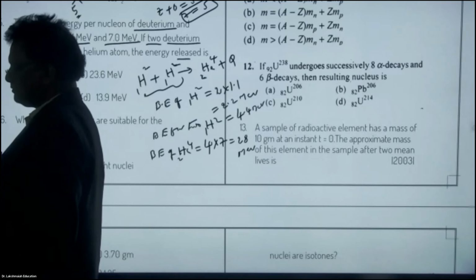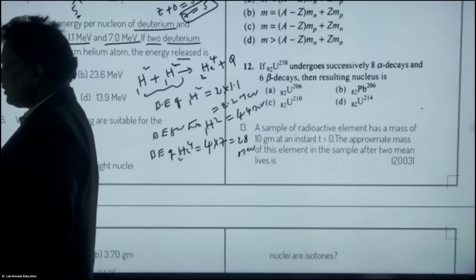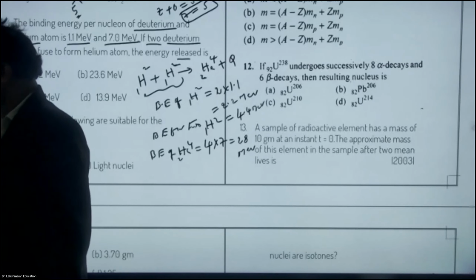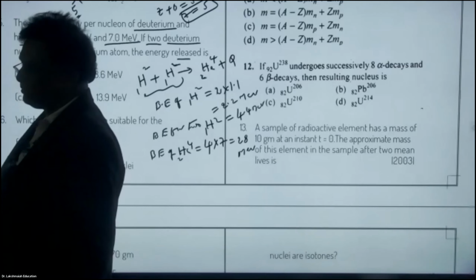Number of nucleons is equal to number of protons plus number of neutrons. How many protons are there? How many neutrons are there? Sir, 4 is protons and 2 is neutrons. 4 is the total mass number.